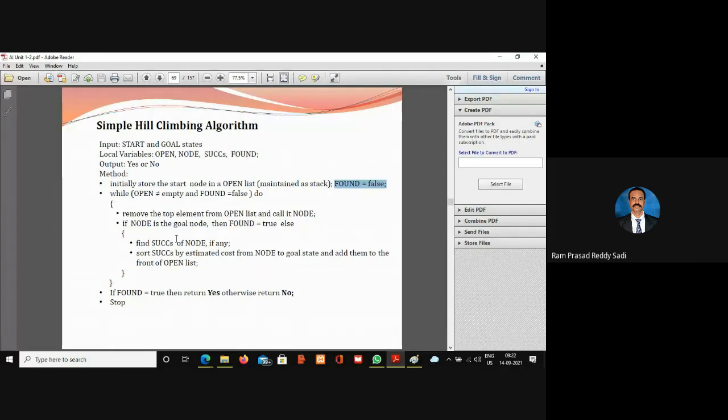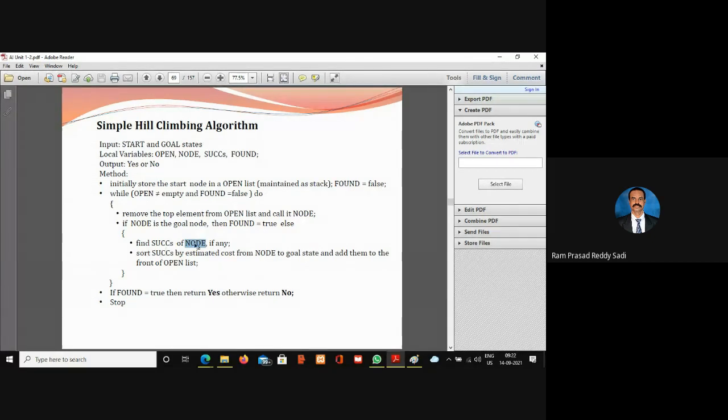What are we going to do? Remove the top element from this open list and call it the current node. If the current node is the goal node, you will come out of this loop and present your solution, saying that you have obtained the goal state. If it's not the goal node, then you expand the given node, that means find the successors of the given node.